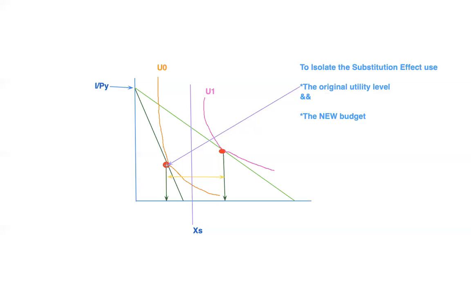This is one point on the orange indifference curve. So all of the consumption bundles on this orange indifference curve, as I'm tracing it out with the purple arrow, have the same level of utility, which is U0. Does that make sense?